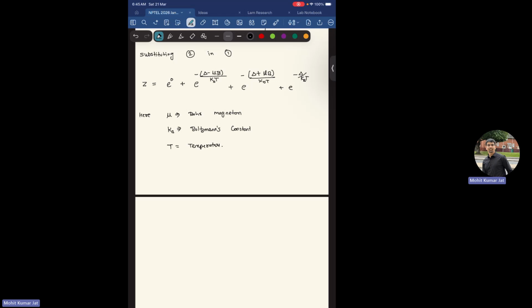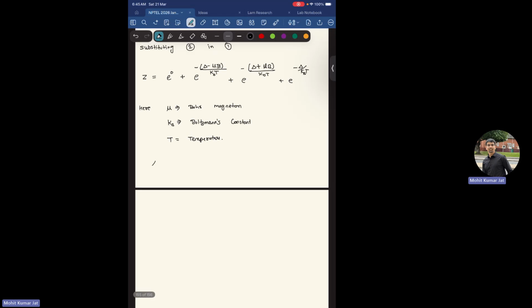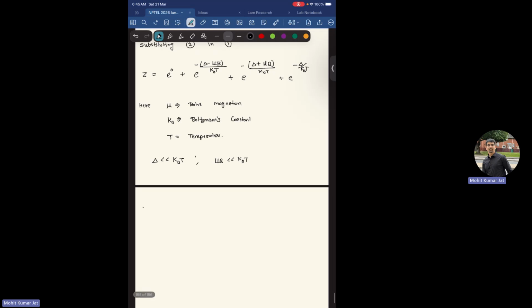Now if you use the given constraint, delta is very much less than kBT, and mu B is also very much less than kBT, then in that scenario we get e to the power 0 plus roughly e to the power 0 plus roughly e to the power 0 plus e to the power 0. In that case Z equals 4, if we take this special constraint.